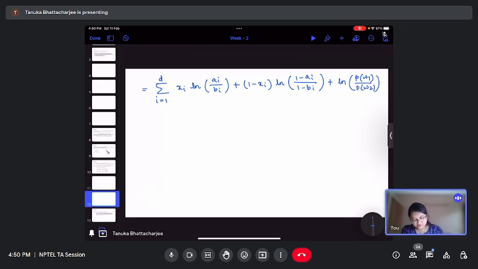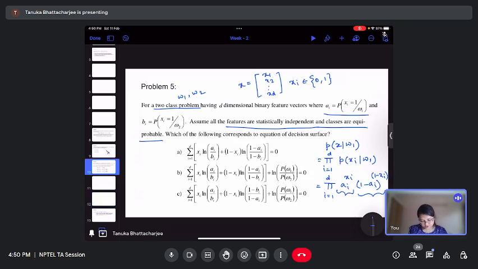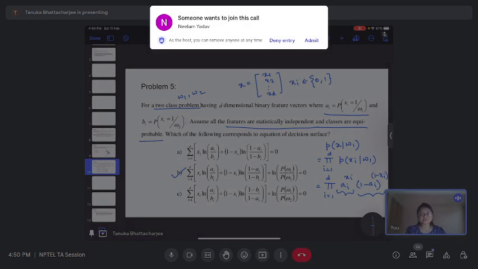So this is the final expression for g1(x) minus g2(x). You can simply equate this to 0 to get the decision boundary. Put it this way, this is under the summation. So among the options that you had, option B is one of the correct options.